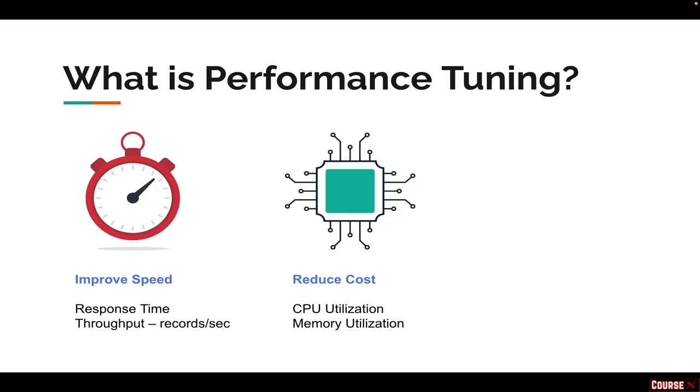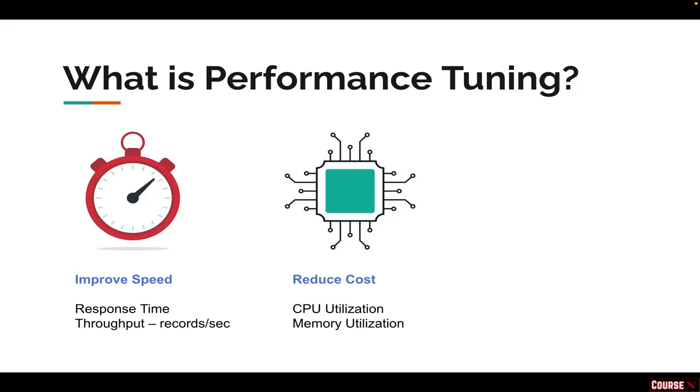Let's say yesterday your job was processing 100 GB of data with a 20 core cluster and 80% CPU utilization. Now after some performance tuning, today it is processing the same 100 GB of data with a 20 core cluster and 60% CPU utilization. So we have managed to save this 20% delta in CPU utilization.